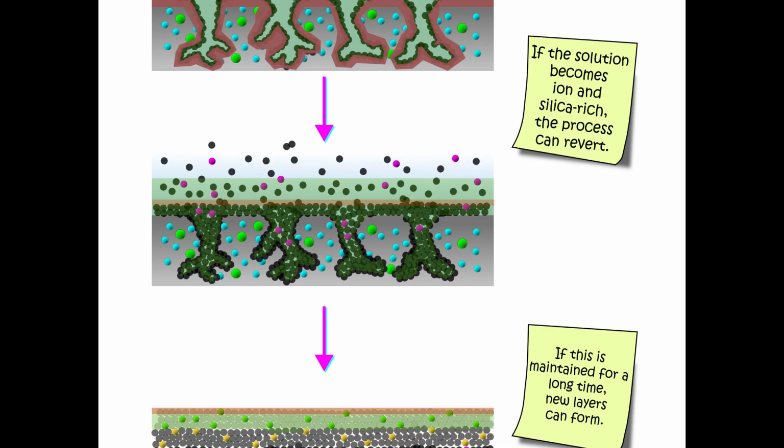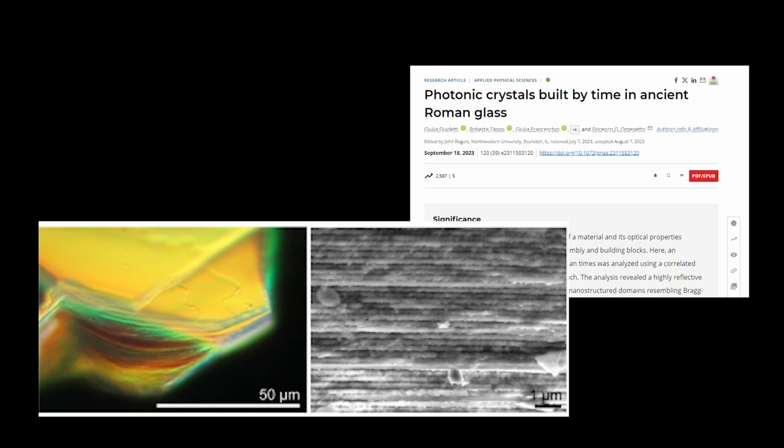These new layers increase the thickness of the glass, and in principle, they can have different structures depending on how fast they deposit, and even different ions. So they can have different colors and mechanical properties. And also, it's possible that these layers act like tiny mirrors, creating optical effects. This is usually referred to as the patina.